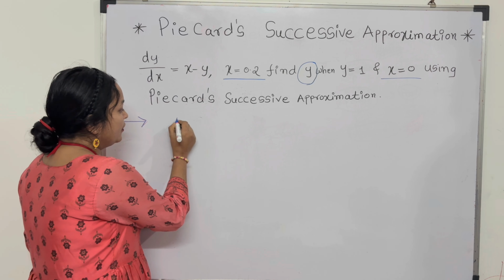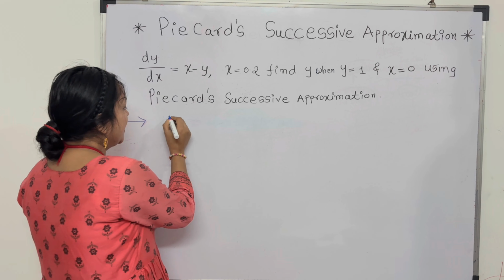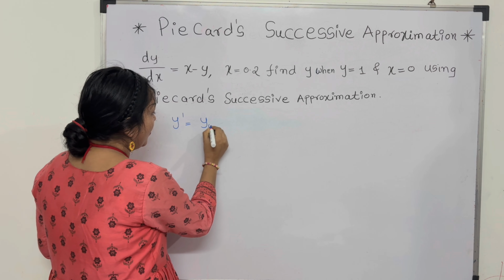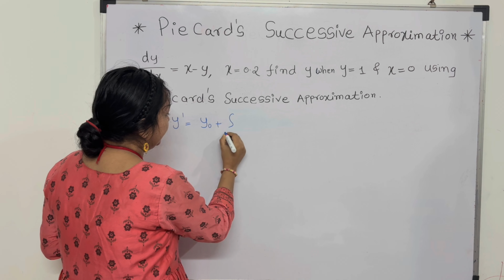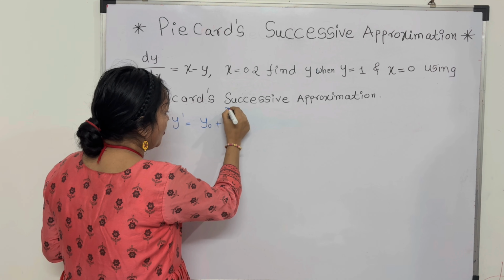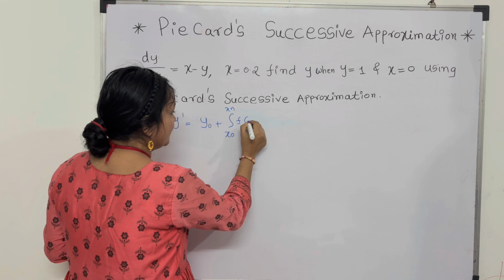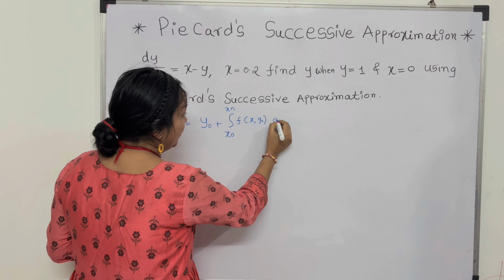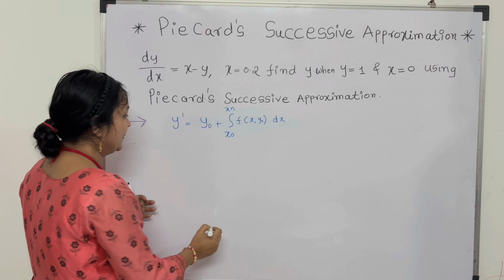In the Picard successive method, you are supposed to calculate y1 according to y0, which is the integration from x0 to xn of the function f(x, y0) dx, right?